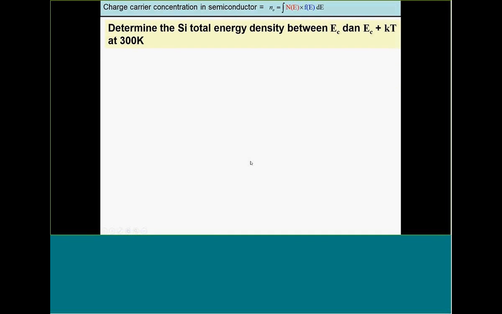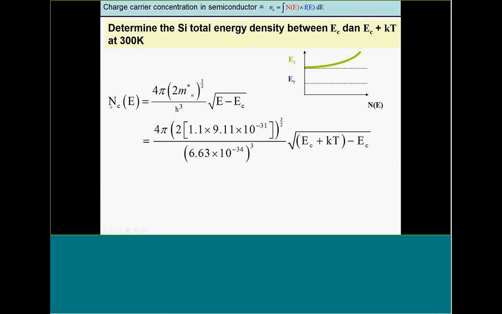Determine the silicon total energy density between the conduction band edge EC and EC plus KT at 300 K. So we know that the equation for the density of states, N(E), is equal to 4 pi times the expression 3/2 divided by Planck constant cubed, and then the square root of E minus EC.